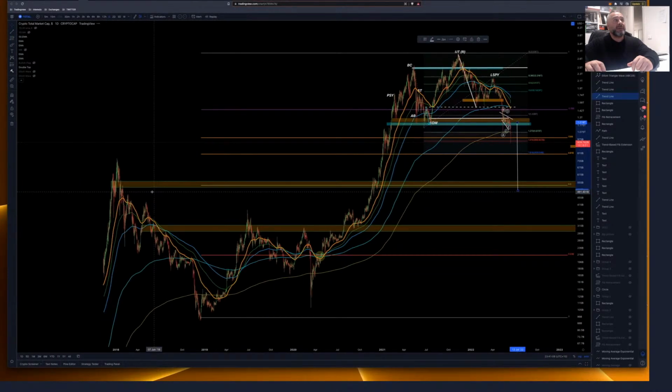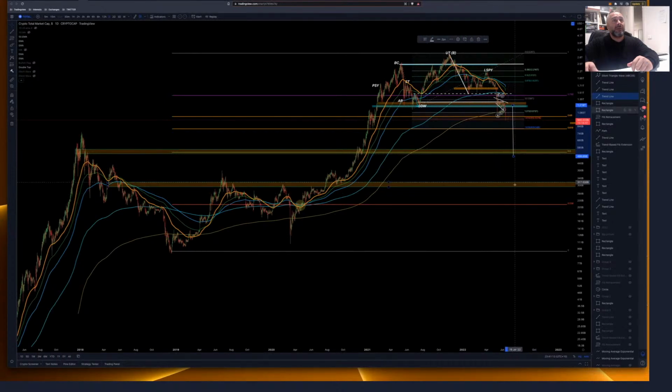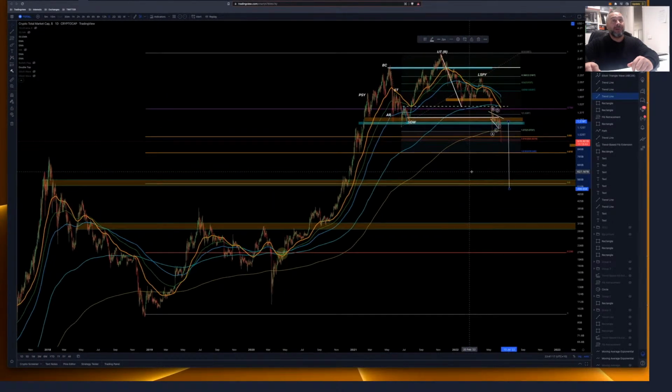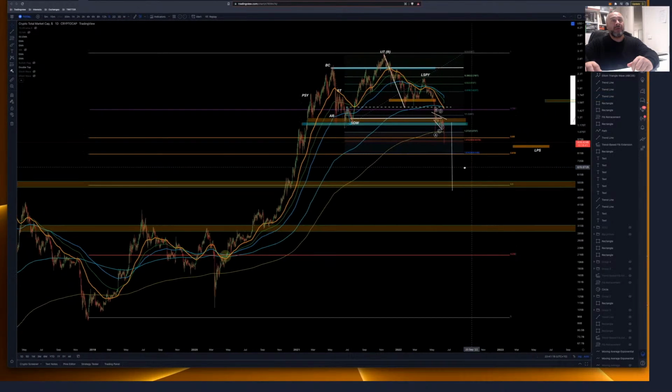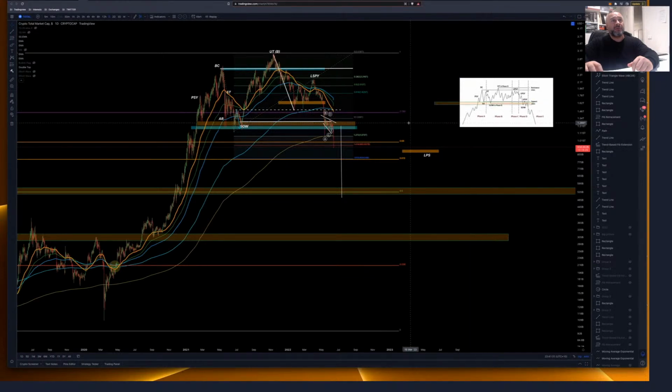Okay, so you can see where it comes down to. We've got a few levels. I've got this level, and then I've got this next level down. I don't think it's going to go that far, but you never know. We've got the 618, so we can see something come down. So the alts might keep bleeding, and we've got this distribution structure.